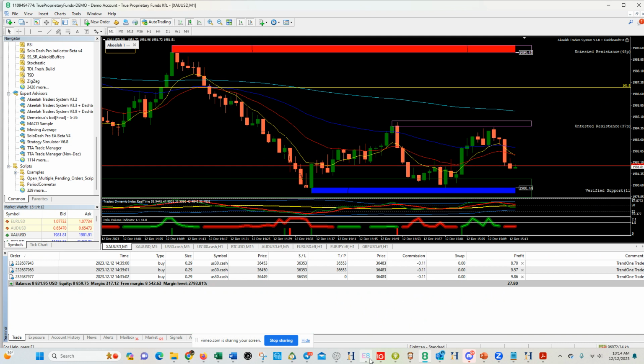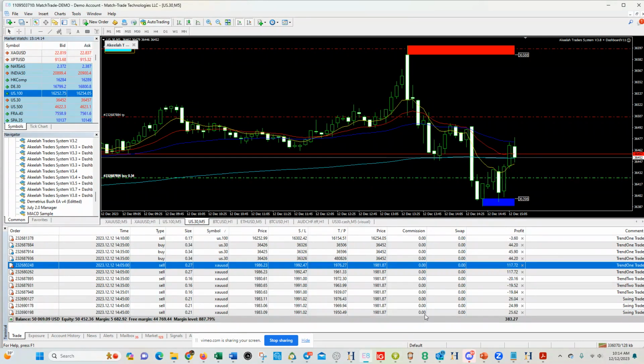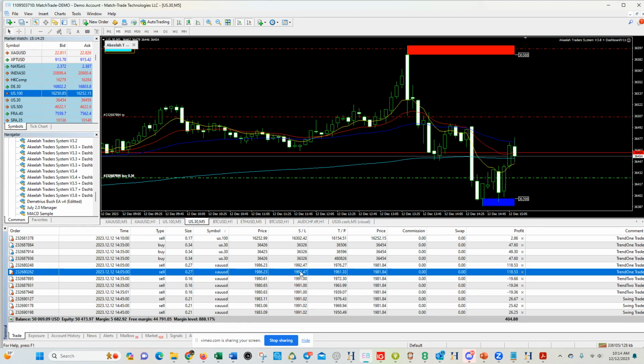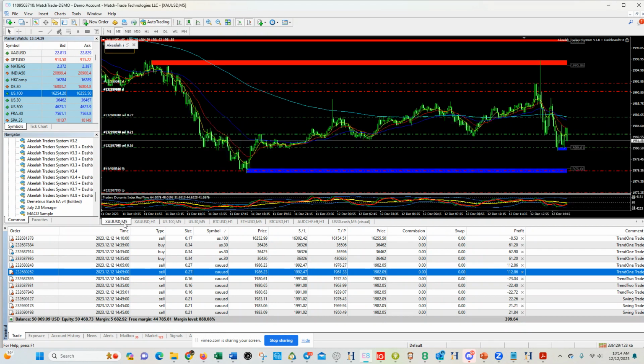All right, let's go back here. So we're floating a little bit better. US30 is still kind of dancing with us. It looks like gold has maybe picked back up a little bit in our favor. Yeah, gold is falling back down a little bit more.